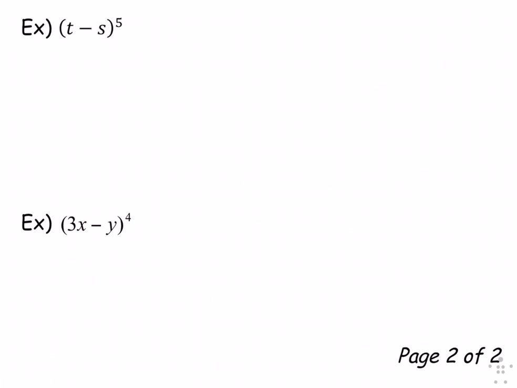Looking at the next example, and the last one, I'm going to start putting in subtraction, and I'm going to put in coefficients so we can see what those are like, which will rely on our basics of the order of operations. So I need Pascal's triangle up to the 5th row.